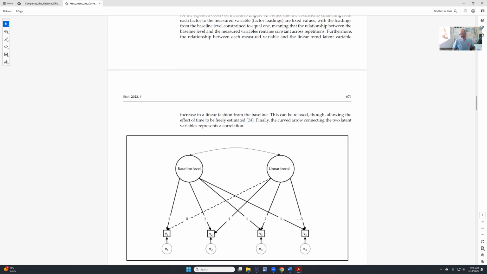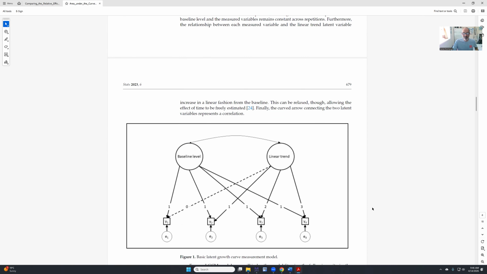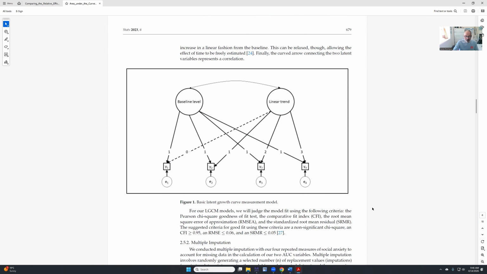So we're fixing the factor loadings. You recall when we were doing exploratory and even confirmatory factor analysis, you get different factor loadings, but you're estimating them. But here we're fixing them. They have to be fixed because that's how we demonstrate growth. The arrow from the linear trend to y1 is set as 0 to make sure that we know that this is our intercept. Okay, so that's basically what a latent growth curve model is.